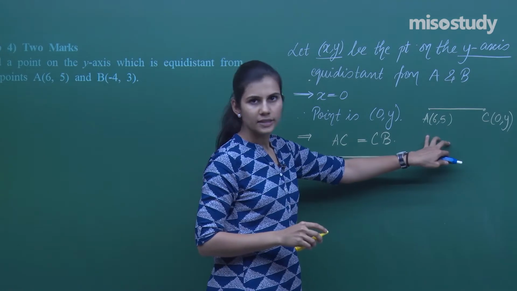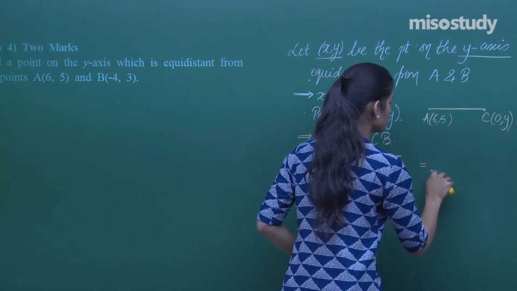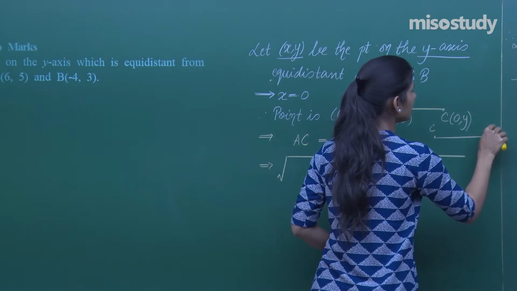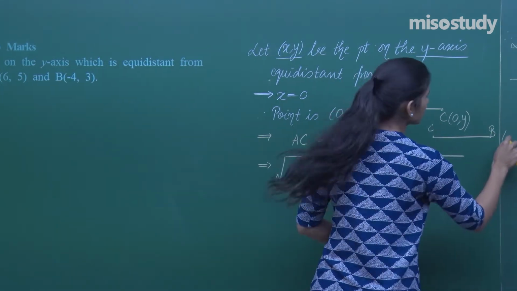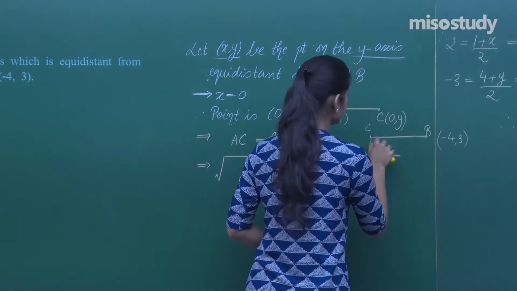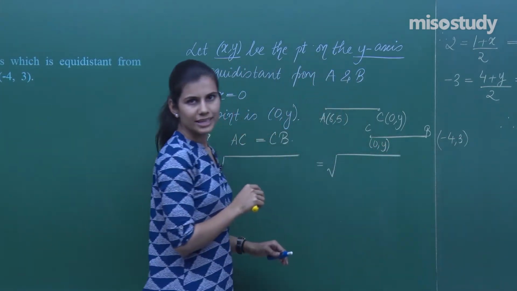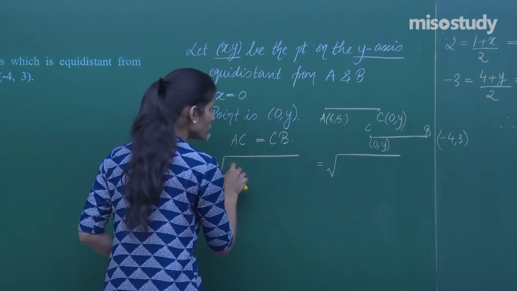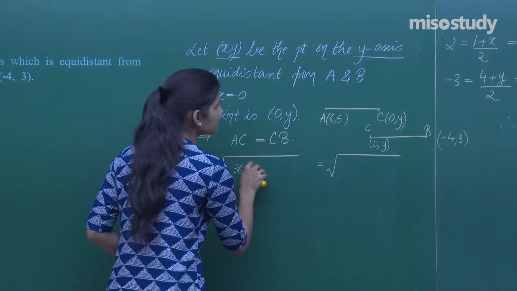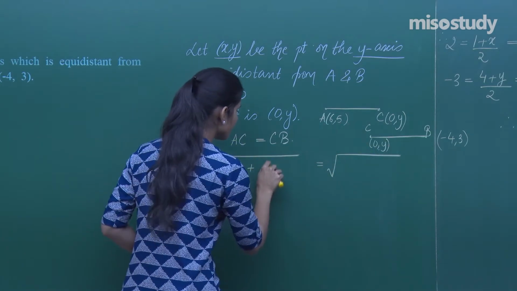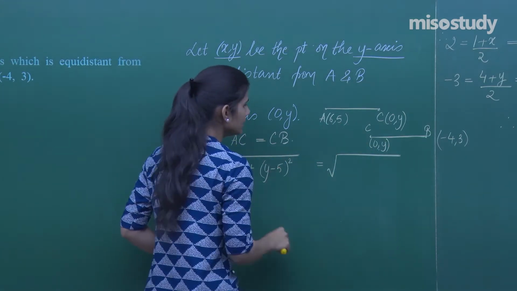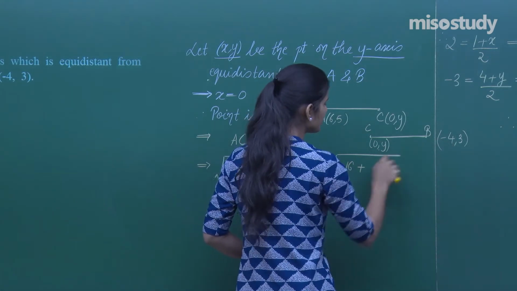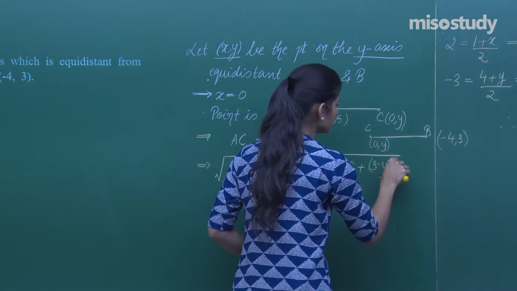So what do you get? This distance is equal to the distance of C and B. And B is minus 4, 3. I get 0 minus 6 whole square, that is 36, plus y minus 5 whole square. This will be equal to minus 4 minus 0 whole square plus 3 minus y whole square.